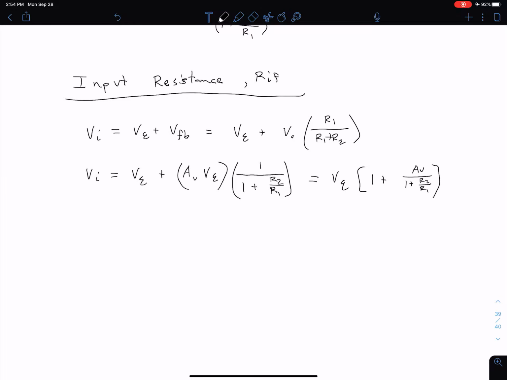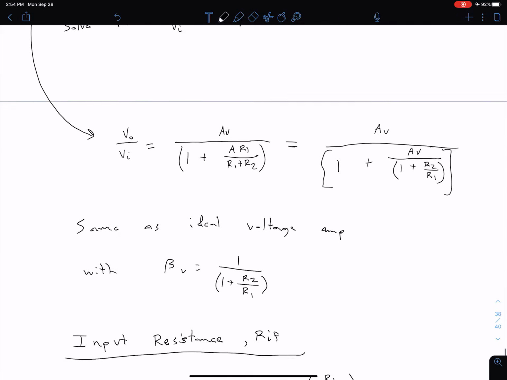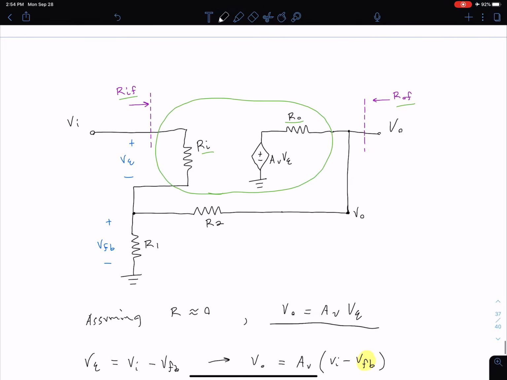Okay, so now coming back to our circuit, if we're looking for this R sub IF, we can say that this R sub IF is equal to the input voltage divided by some input current. Let's call this I sub I, input current. So the ratio of that input voltage and that input current is going to give us that input resistance with feedback.